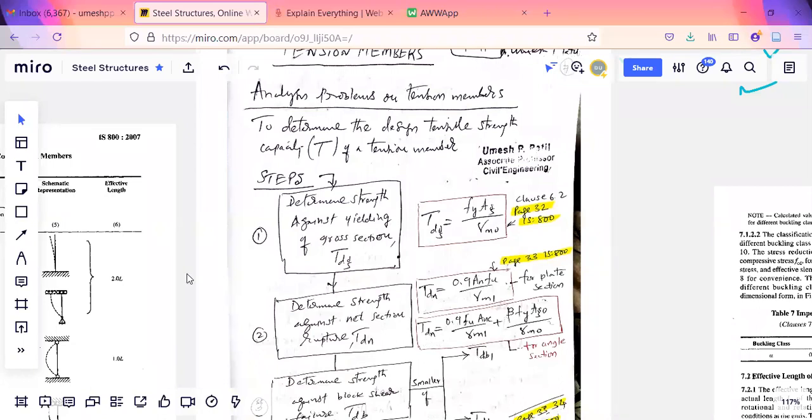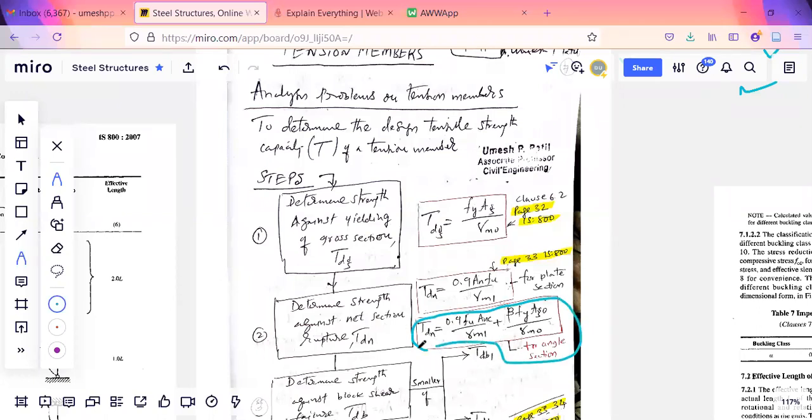The second expression should be used. It is here. This is the second expression here. This one I'll be using as I explained yesterday. TDG should be used for this one angle section. So three values I am calculating as I told you in the previous class.